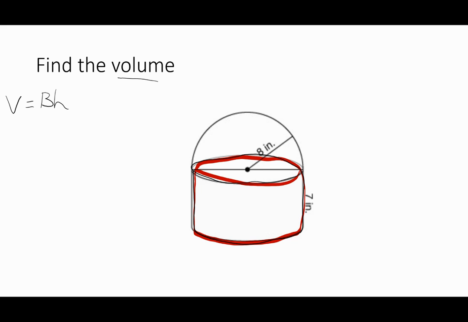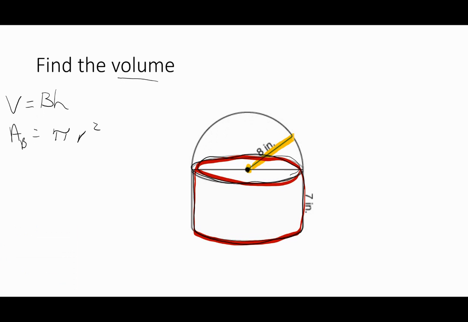The base is the same on the top and the bottom, and it is a circle. So the area of the base is pi r squared. The radius is from the center of the circle out.